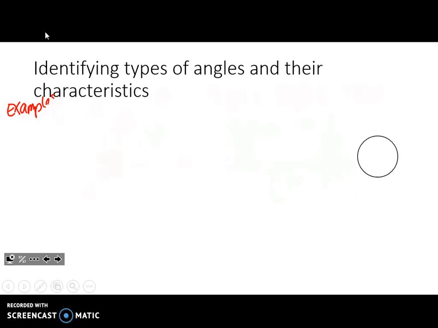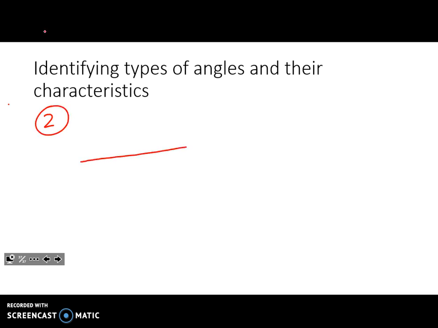All right, let's look at another one. Again, we have to name the type.